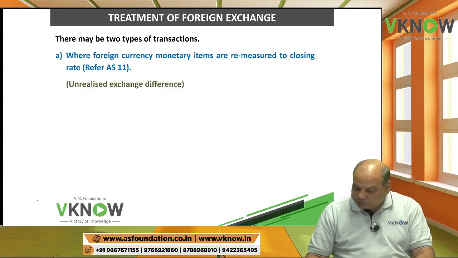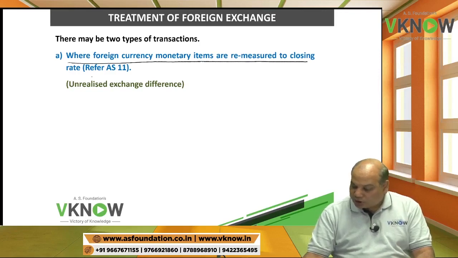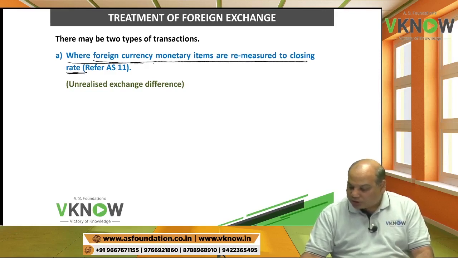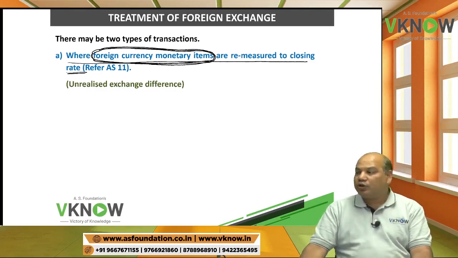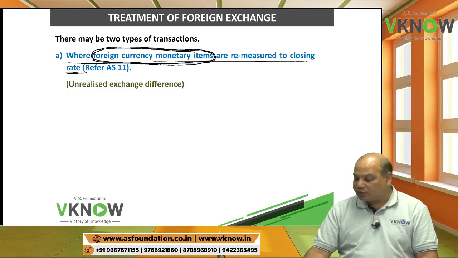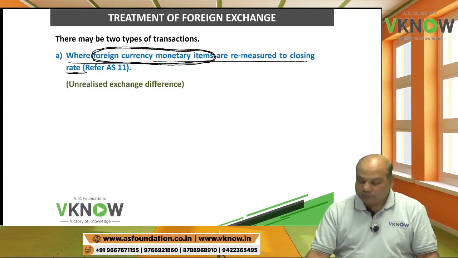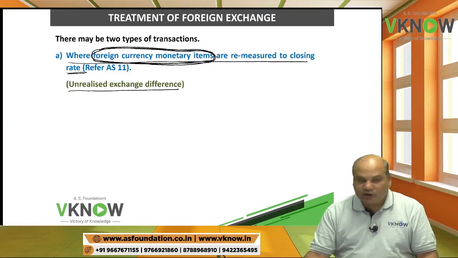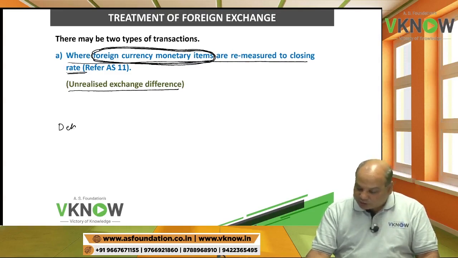So write down now, when foreign currency monetary items are remeasured to closing rate. Examples of foreign currency monetary items: debtors in foreign currency, creditors in foreign currency, cash in foreign currency, bank account in foreign currency. So if you are just going to remeasure them, it is called unrealized exchange difference. So once again I will explain.